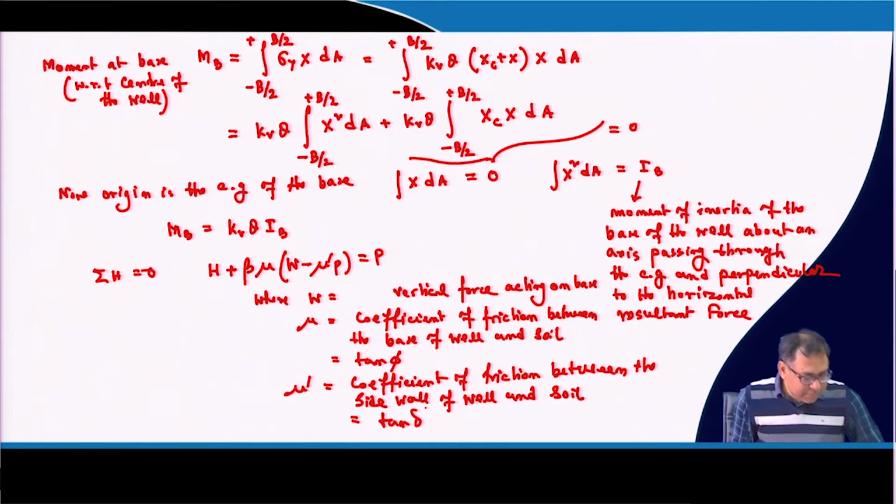Here delta is the friction angle between the soil and the side wall.